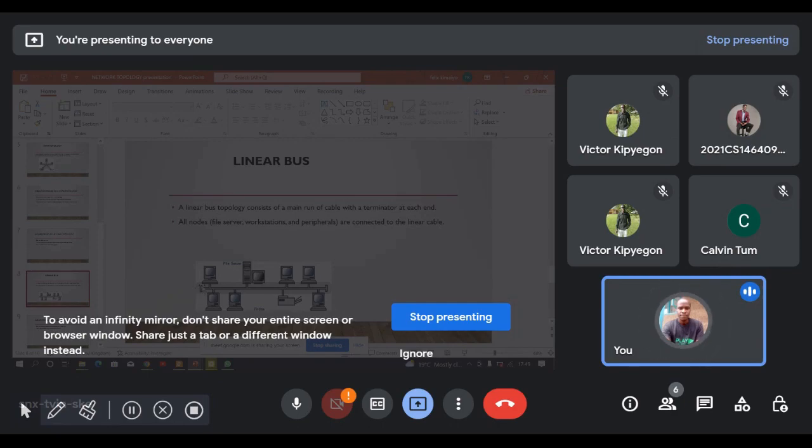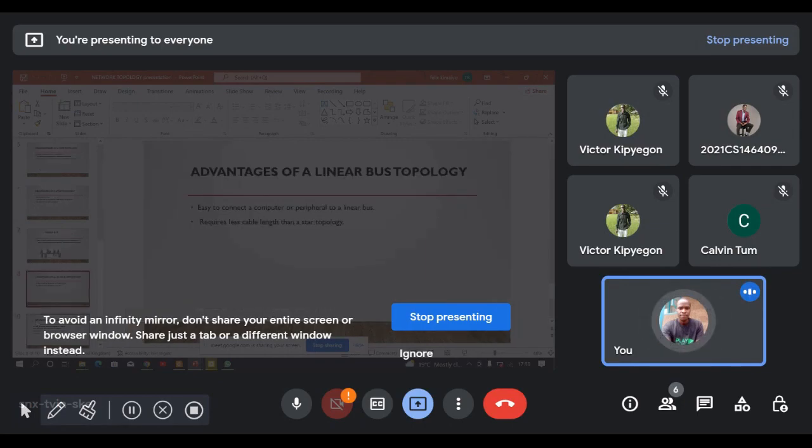This is a terminator, and this at the end is also a terminator. All nodes, the file server, workstation, and peripherals, are connected to the linear cable. When we say the linear cable, it is this one that is straight. It is connected with all these nodes or the file server.